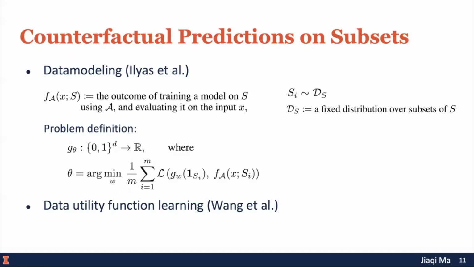One thing to note here is the test data point X is fixed throughout this problem, and the G function does not depend on this X. So the G function is trying to approximate F evaluated at a fixed X. That's the reason why we may be able to use a relatively simple G to approximate this very complicated target function F.